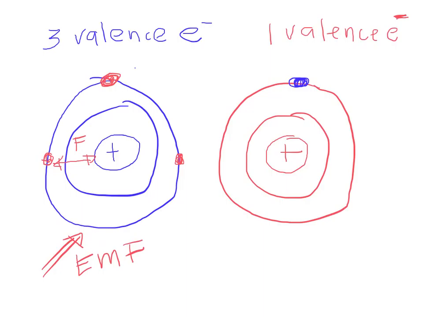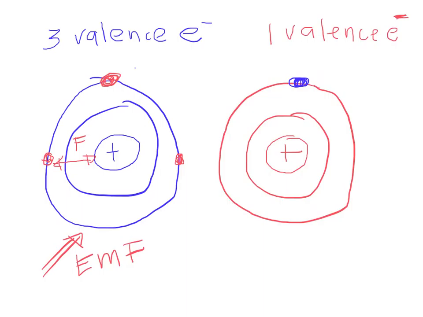In comparison, let us look into this atom on the right side. We only have one valence electron occupying this energy level. Remember that the electrons are always moving. They move and also spin at the same time. So the manner of motion of the electrons is a spinning motion and also a circular motion.